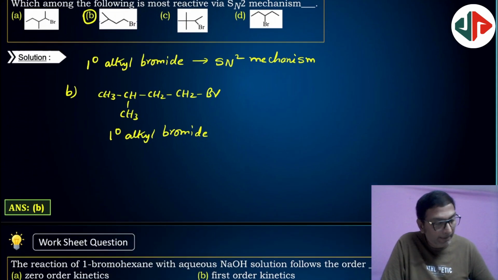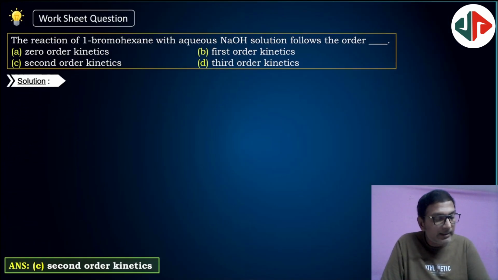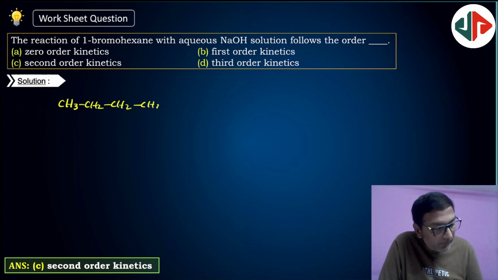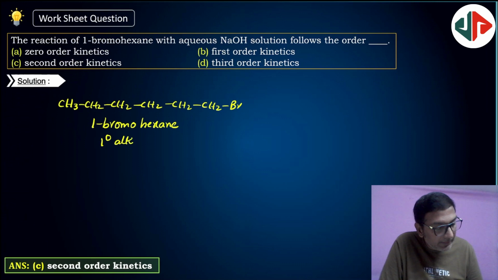Next. The reaction of 1-bromohexane with aqueous NaOH follows the order. So 1-bromohexane, 1-bromo, CH2, CH2, total 6 carbons, which is a primary alkyl halide.